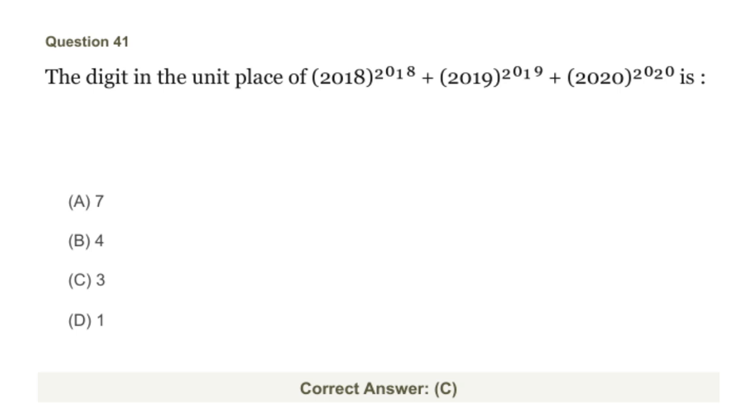Now adding these units digits, 4 plus 9 plus 0 equals 13. The units digit of this sum is 3. That's why, when asked for the units digit of the entire sum, the correct answer is 3, corresponding to option C. This approach highlights how understanding patterns and cycles in units digits can simplify seemingly complex calculations.